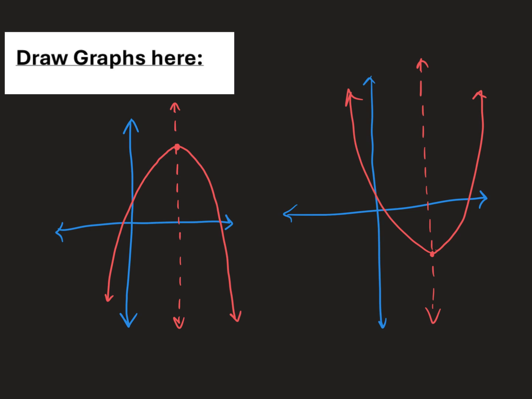Okay, so the first thing I'm going to do is write what that dotted red line is. So find yourself some space and write that this is the axis of symmetry. And I draw it dotted. I'm so sorry, I'm writing with my finger.